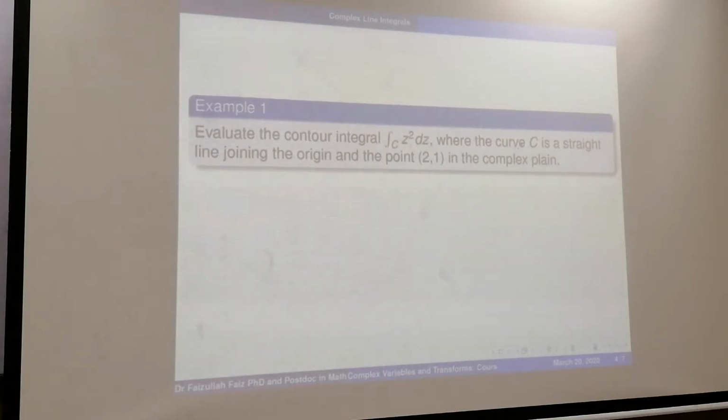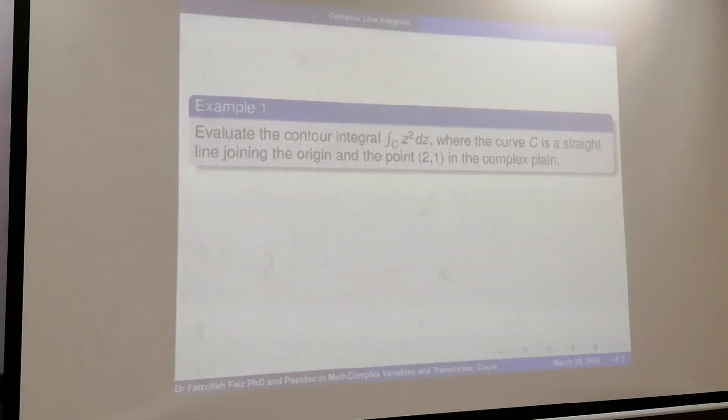Now let us solve this example. In this example, we are given the integration of some function, which is z square, which we have to evaluate, and the curve is also given. The curve is a straight line from the origin to the point 2, 1.